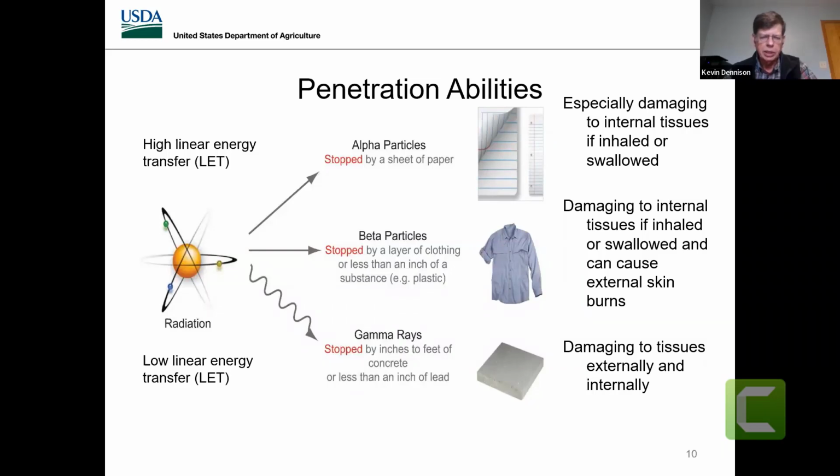The good thing is that gamma radiation, if internalized, not all of it will be absorbed when it decays. In other words, when you take an X-ray of your hand, you see a picture of your hand with the bones and soft tissue. So some of the X-rays are absorbed by your tissues, but a lot of it comes through and then hits the X-ray receiving plate. And so it's called low LET radiation because it doesn't all absorb into the body.